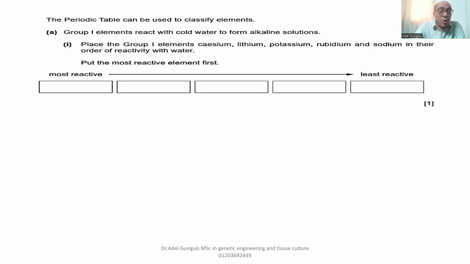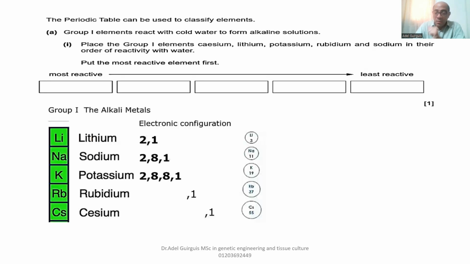Let's revise group 1. Group 1 starts with lithium 3, sodium 11, potassium 19, rubidium 37, cesium 55. Lithium 3, so its electronic configuration is 2,1.